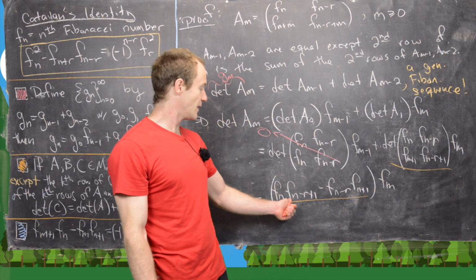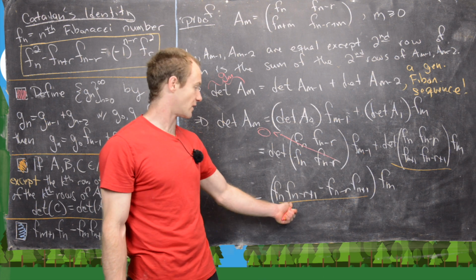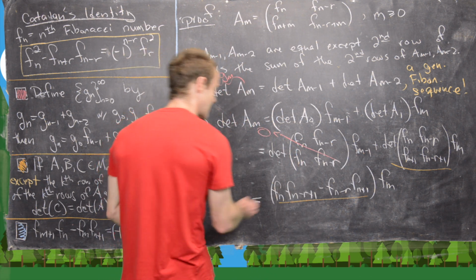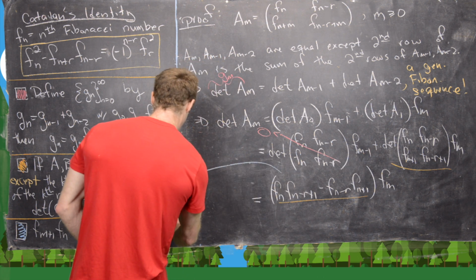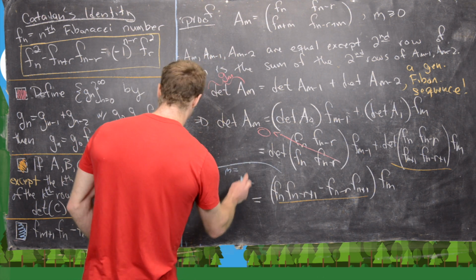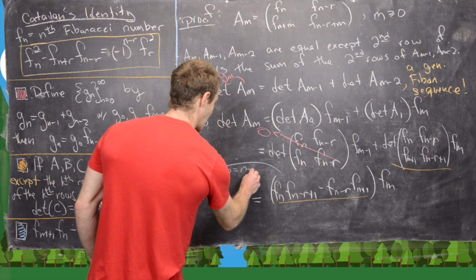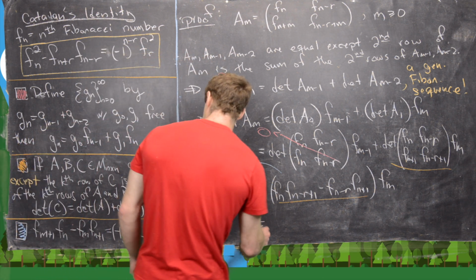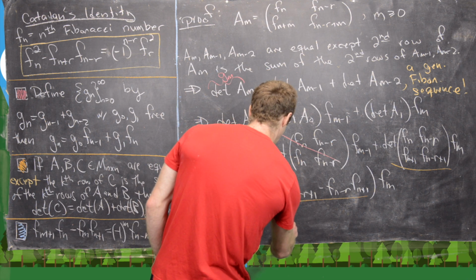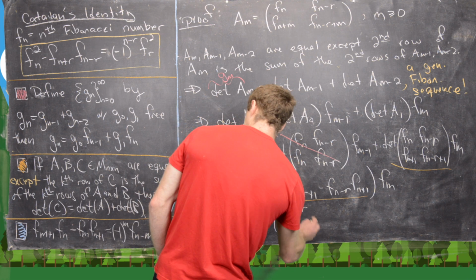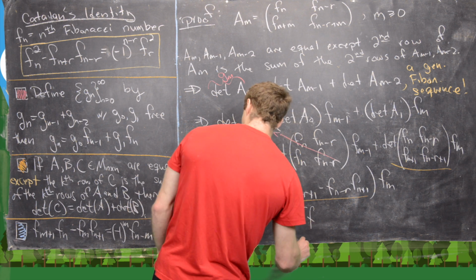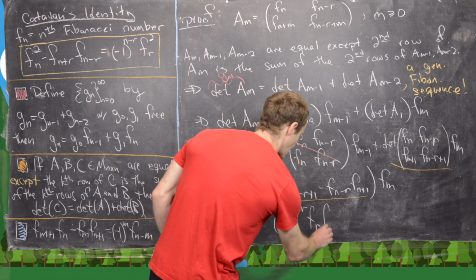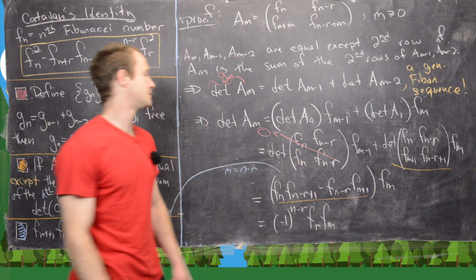Okay, and so now we can apply our last result to this object right here. So notice these are the same with m equals n minus r. So that's good, because that means that this is going to be equal to minus 1 to the n minus r, and then F sub r. And then we have this is multiplied by F sub m.